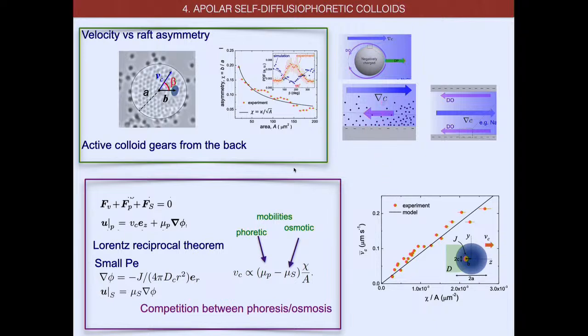So in reality, we have both. The particle has this self-diffusiophoresis due to the gradients that the particle generates, but these gradients will also lead to surface flows. So this raft that is on top of a wall will be subject to a certain flow below and above it. We initially thought that would be a second effect, in the sense that it would simply renormalize the effective friction, but we decided to look into that.